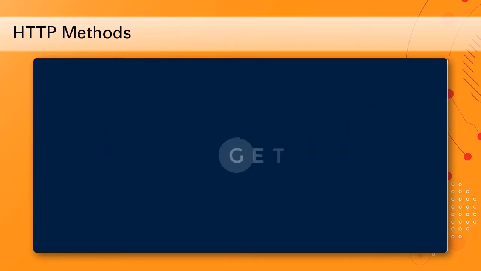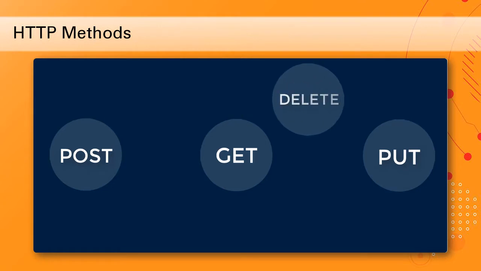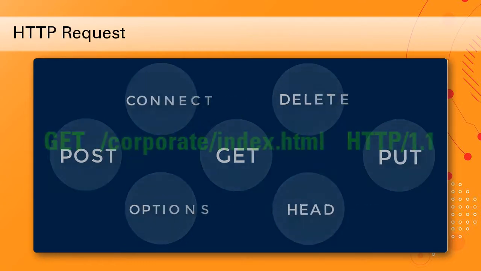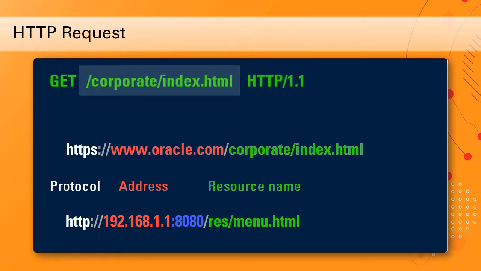Methods are GET, POST, PUT, DELETE, OPTIONS, HEAD, and CONNECT. The request URI is the identifier of the resource in the server. And finally, the protocol and version, in this case HTTP 1.1.